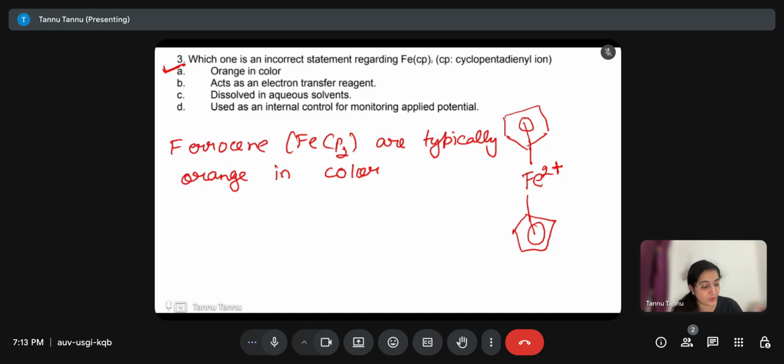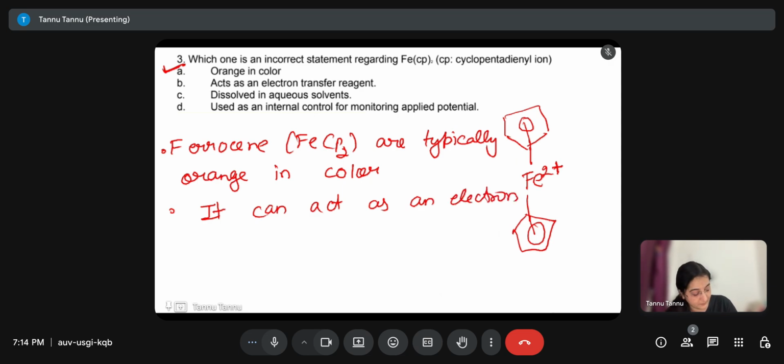It can act as an electron transfer reagent. Yes. In fact, in electrochemistry, we take ferrocene as a redox active molecule to calibrate the positions, to calibrate the scales.